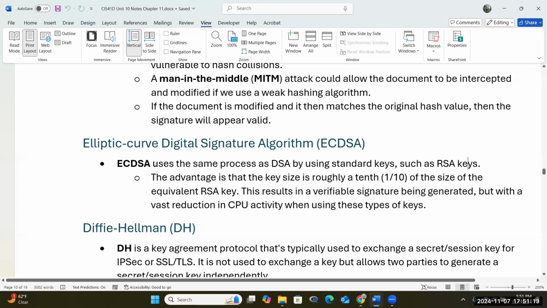But the advantage of your elliptic curve is that it's small, it's petite, right? Whenever I think about elliptic curve algorithm, I always think that it's portable and it's smaller. So the key size is going to be a tenth of the size of your RSA key. This is why the preference for ECDSA is well above your regular DSA or RSA. So less computational requirement for the keys.